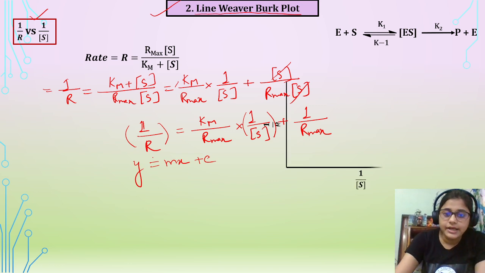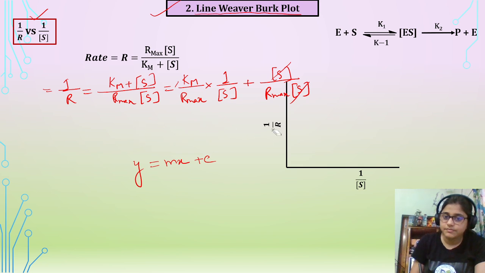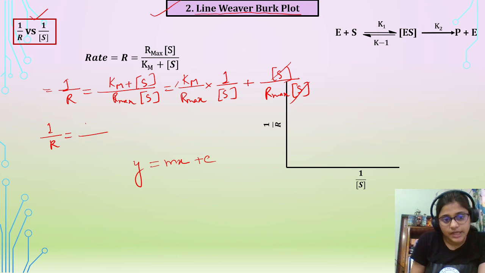So 1 by R equals Km by Rmax into 1 by S plus 1 by Rmax.